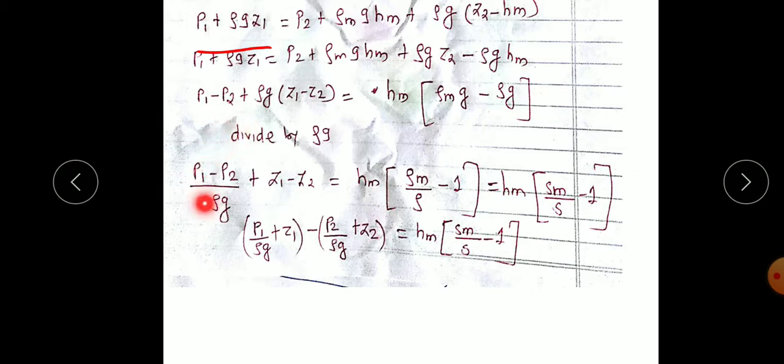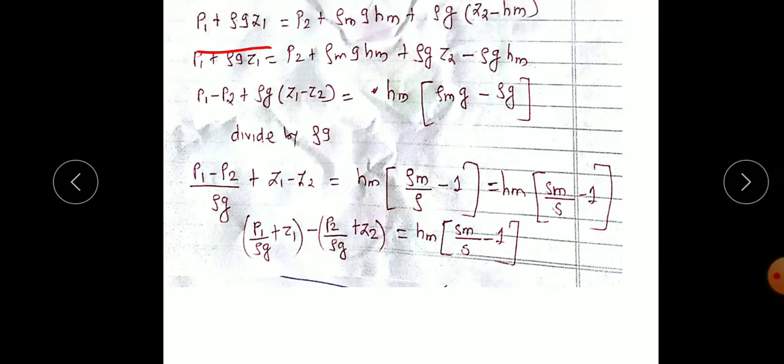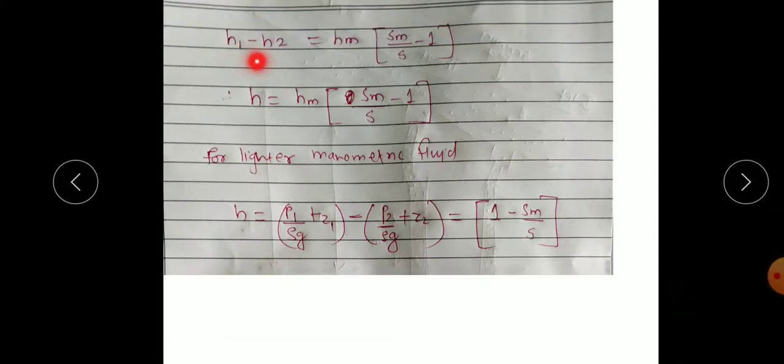So splitting these two terms, P1 by rho g plus Z1 minus in bracket P2 by rho g plus Z2. This P1 by rho g is the pressure head at the inlet, and this is the pressure head at the throat section. So we can write H1 minus H2 is equal to Hm times Sm upon S minus 1.